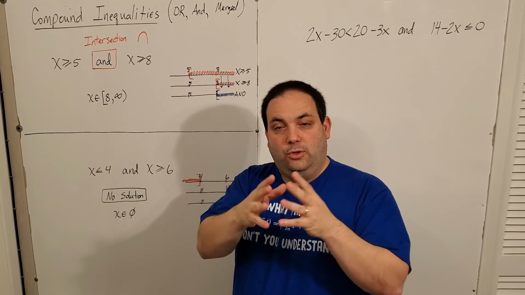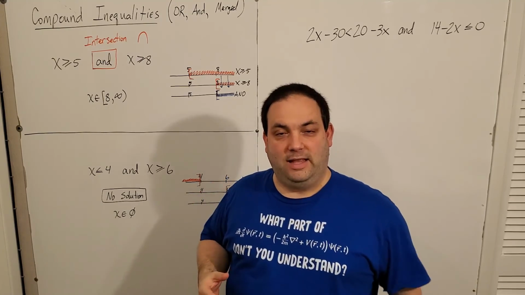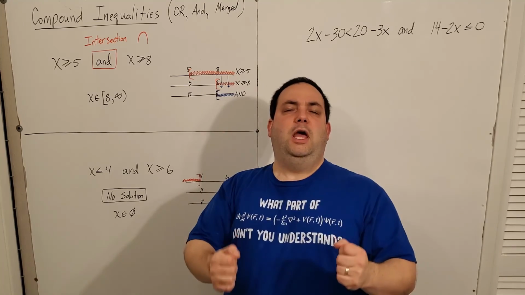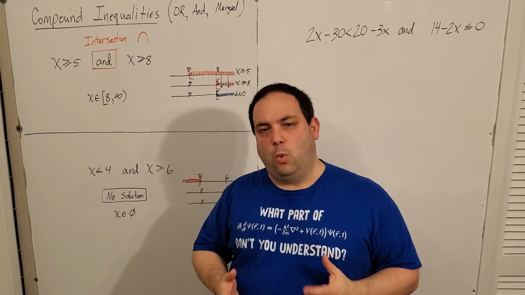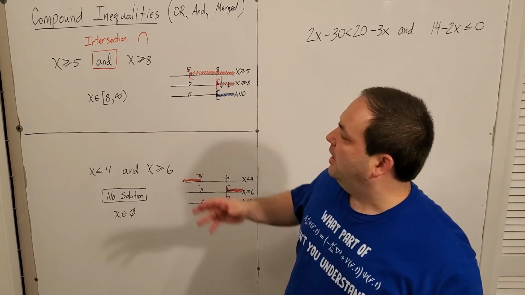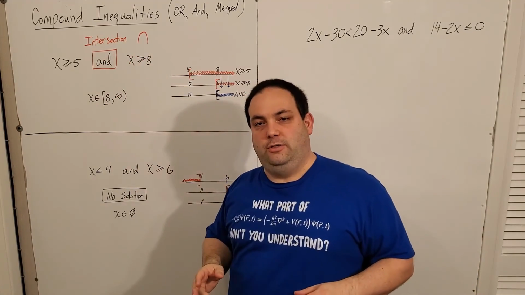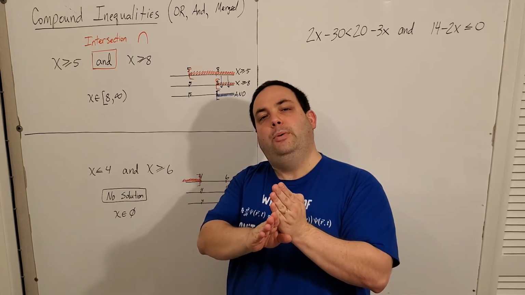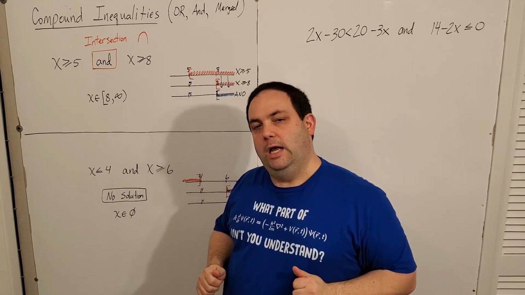But you have to have that child mentality of, I want cake and ice cream or I won't be happy. That's the way and works in logic, okay? So we call it the intersection. It's only going to work where both things are meeting up and agreeing at the same time, okay?